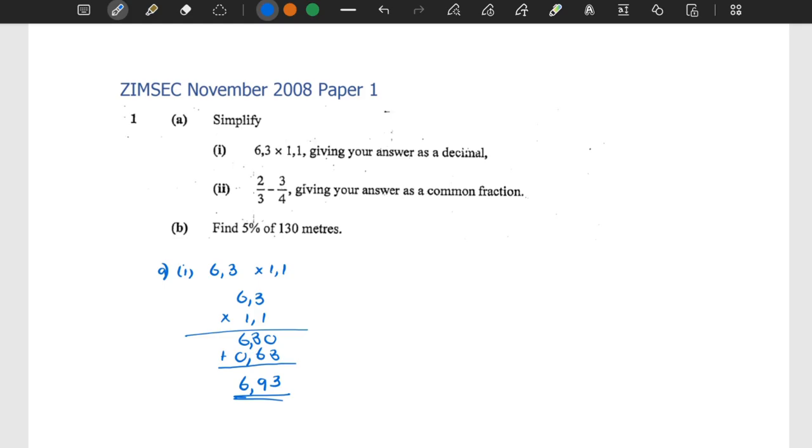Then the next question says, giving your answer as a common fraction, find 2 over 3 minus 3 over 4. Again, the lowest common multiple between 4 and 3, the denominator is 12. 3 into 12, that is 4, times 2, that is 8, minus 4 into 12, that is 3, times 3, that is 9.